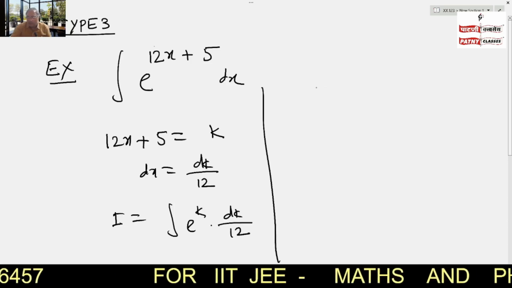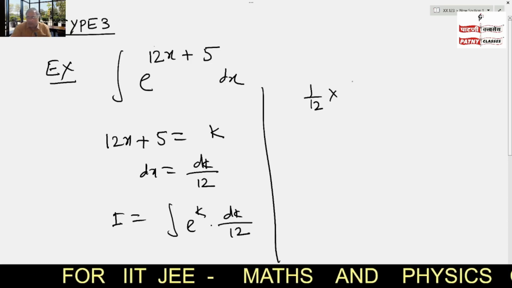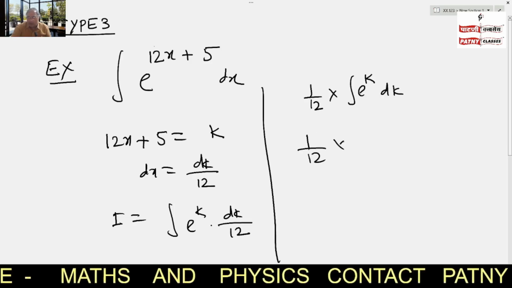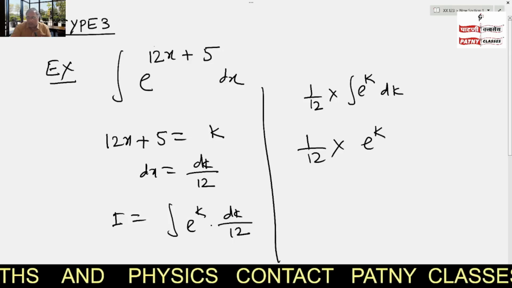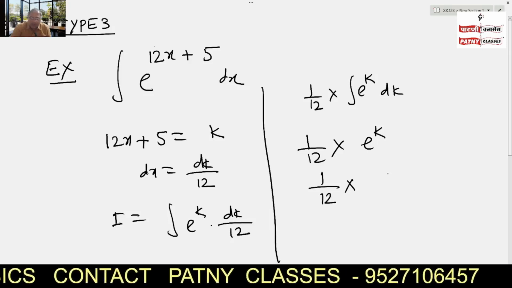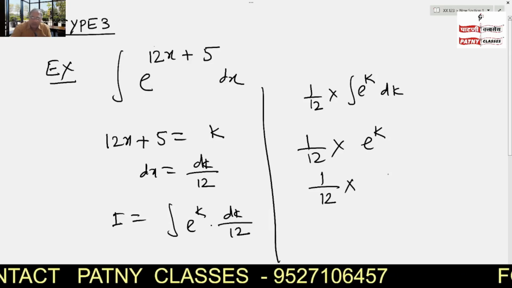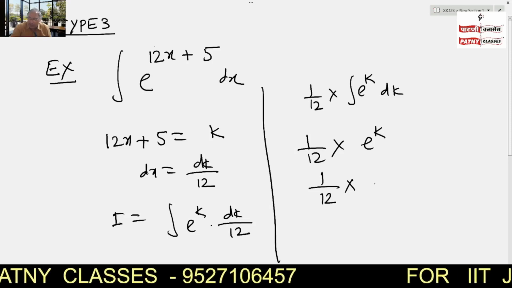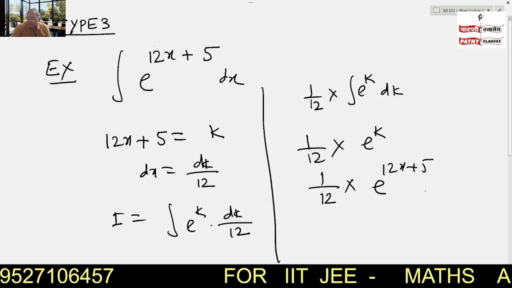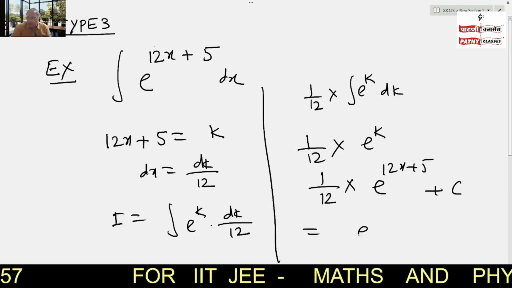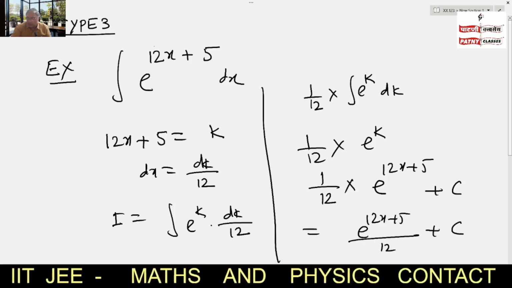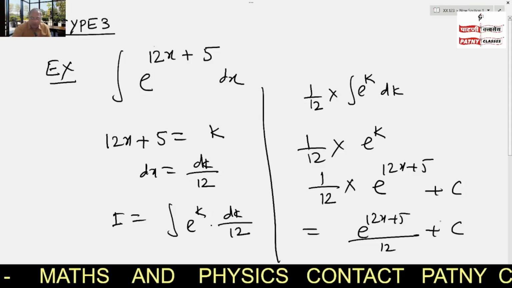After that 1 upon 12 outside, integration of e raised to k with respect to k, 1 upon 12 e raised to k, integration is e raised to k only. It is a single function in entire integration, so the integration of e raised to k is equal to itself. So k value is 12x plus 5 and plus c. Final answer can be written as e raised to 12x plus 5 upon 12 plus c. So this is the solution of given problem.